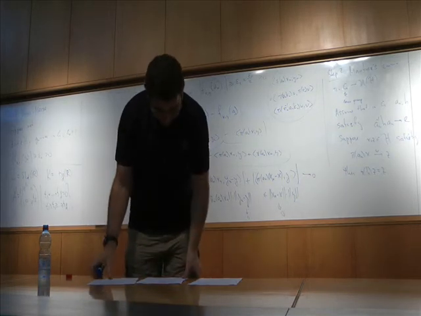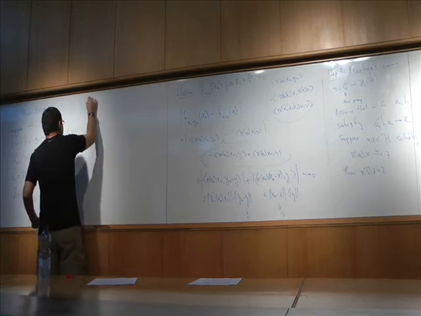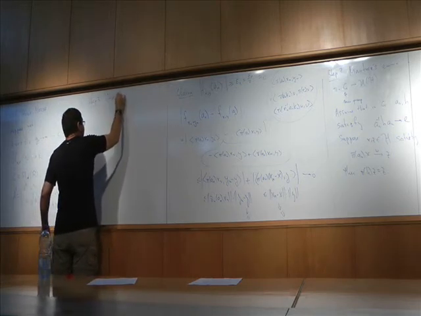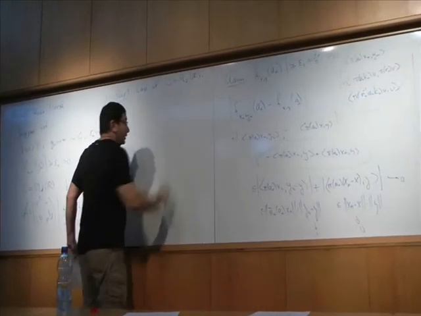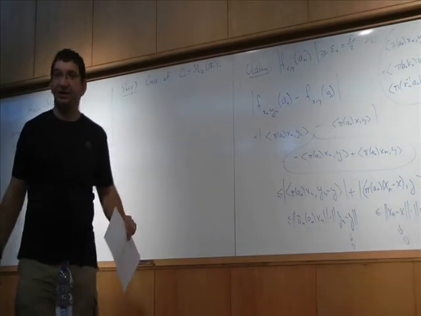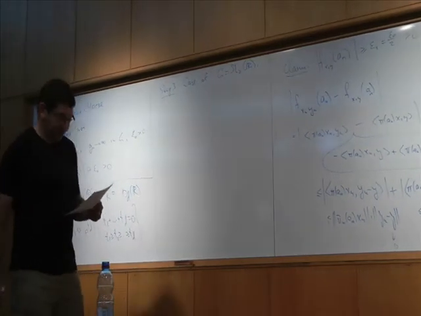So, step 3, case of G equals SL2R. Okay, let's just focus on a special case because we'll need it anyway. Every semi-simple Lie group is built out of SL2Rs put together in some fashion.